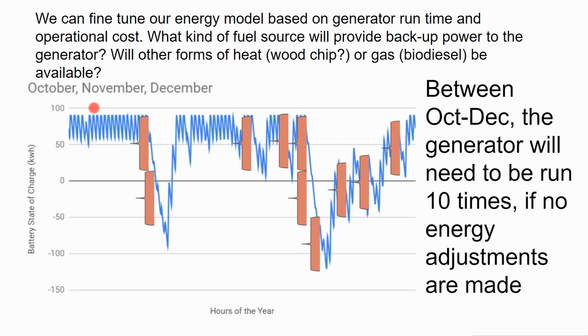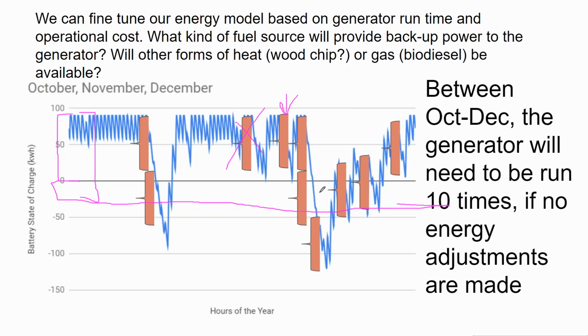So in this model, I might look at increasing the size of my battery bank. If I made my battery bank, which is currently this large, this large instead, then I could probably get rid of running the generator here and running the generator there.